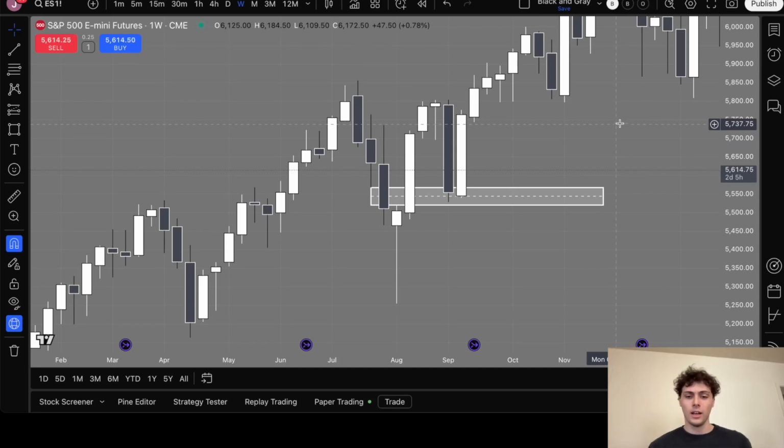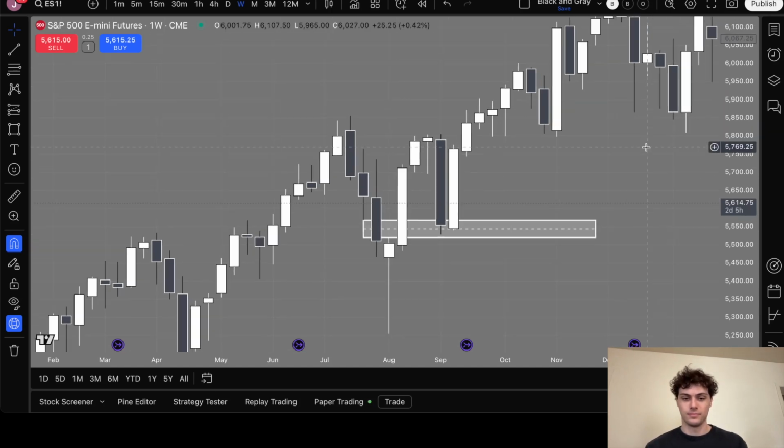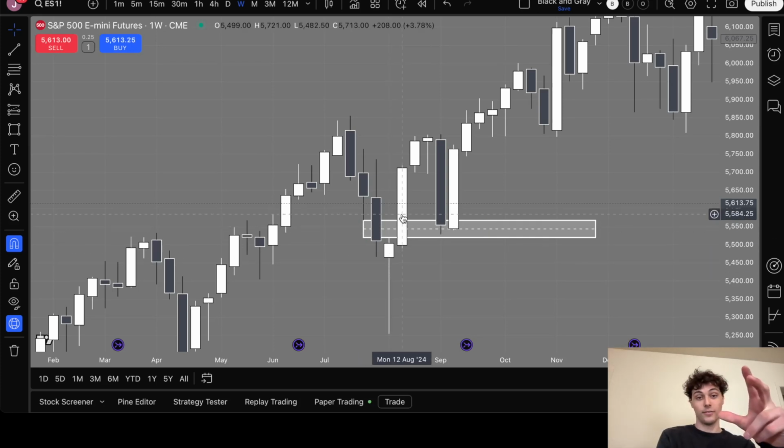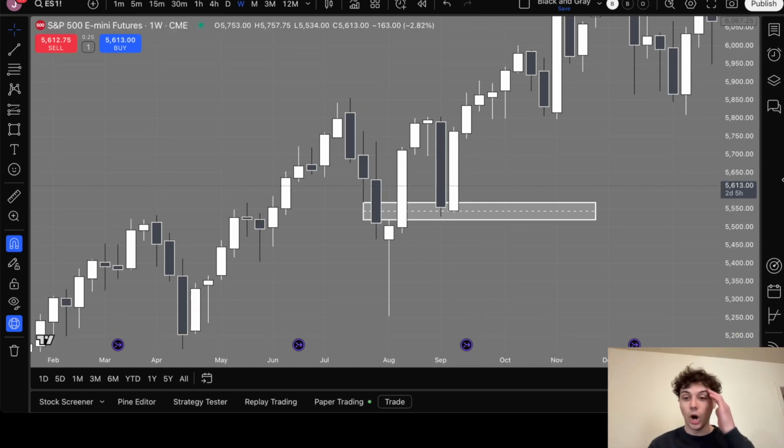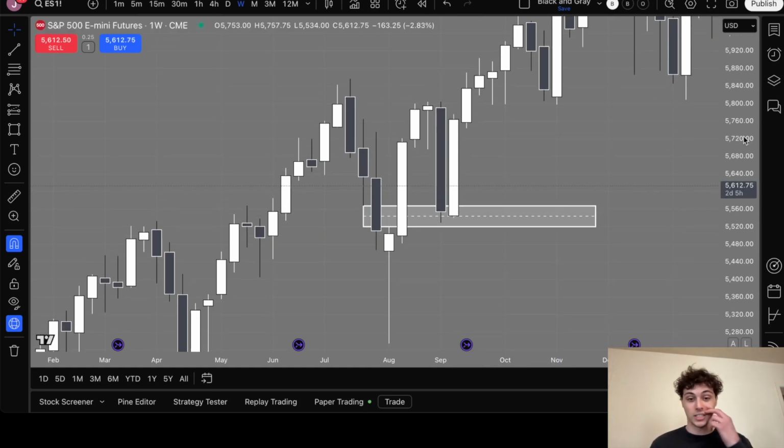Anyways, what happens? Price goes back into the BPR right here because it inversed it, but then if it creates another fair value gap in the inverse fair value gap, it creates a BPR, right? That's all it does, is create a BPR when they intertwine.